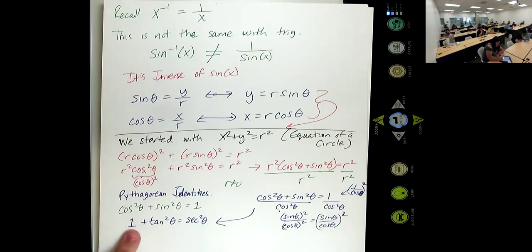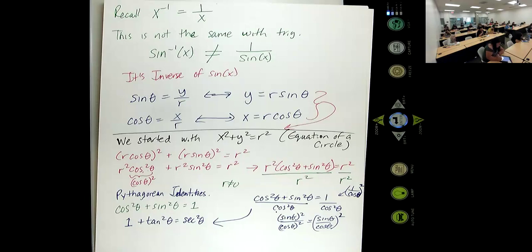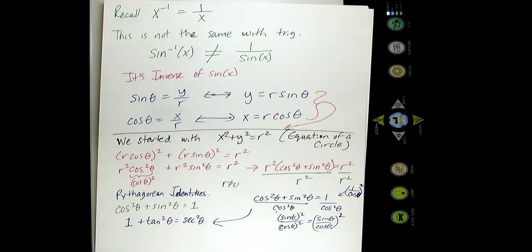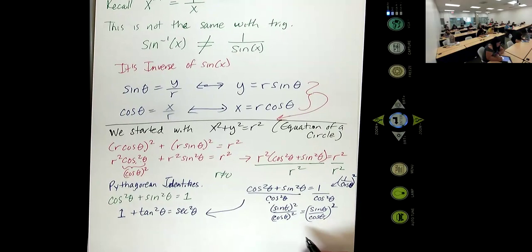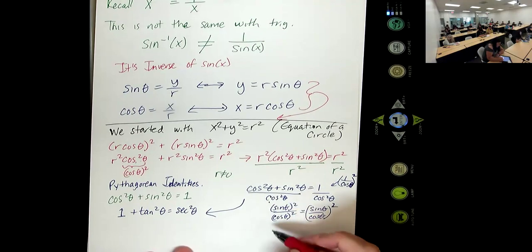Now, you can memorize this. Or you can just know how to find it. Up to you. And we have a third one. Again, we'll start with cosine squared theta plus sine squared theta equals 1.